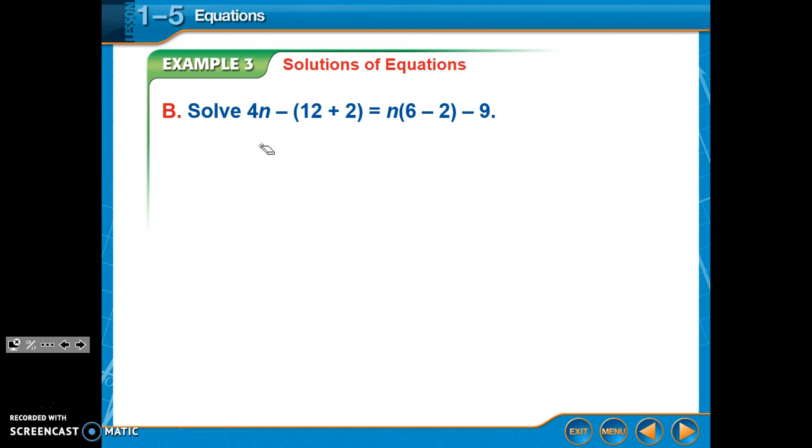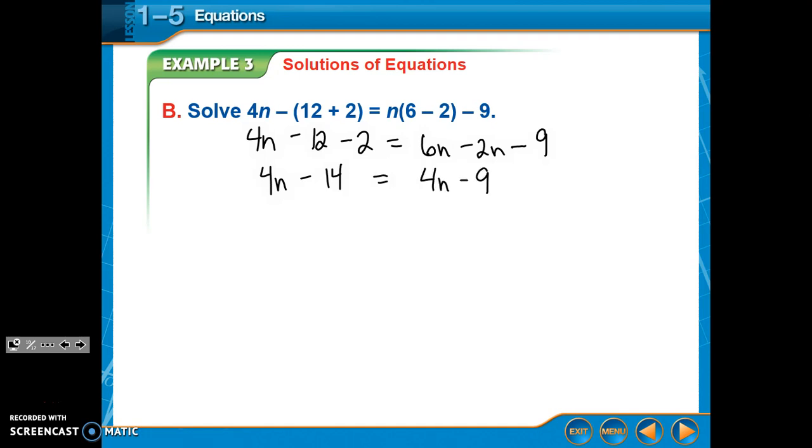For this one, we want to first start by using the distributive property. This is going to become 4n minus 12 minus 2, distributing that negative, equals 6n minus 2n minus 9. If I simplify this, the left side becomes 4n minus 14, and the right side becomes 4n minus 9.